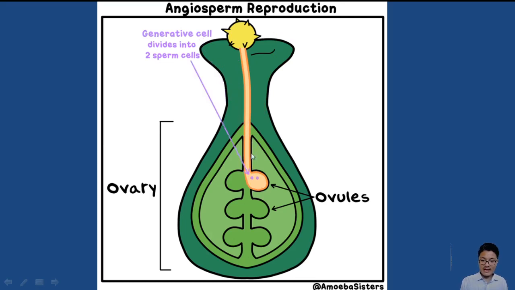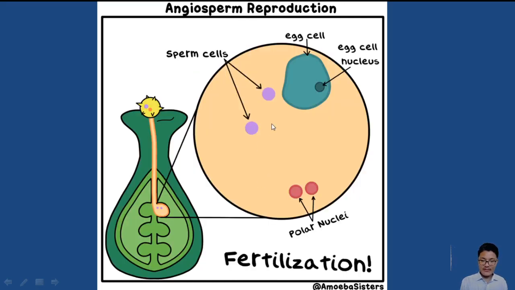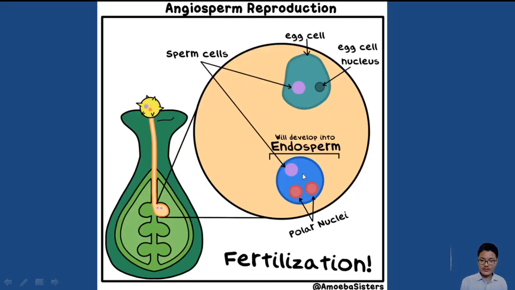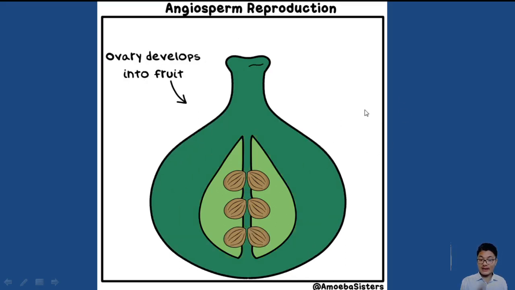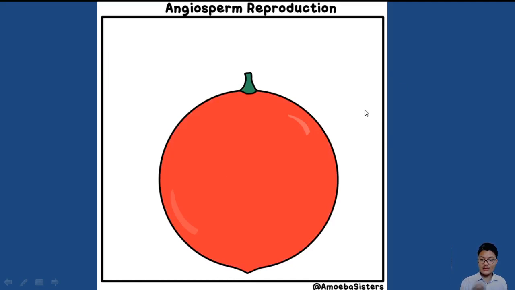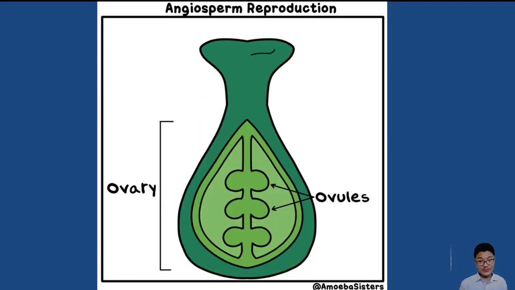The male gametes are two in number. After transfer, one of the male gametes fuses with the polar nuclei to form endosperm, and the other male gamete fuses with the egg to form the zygote.